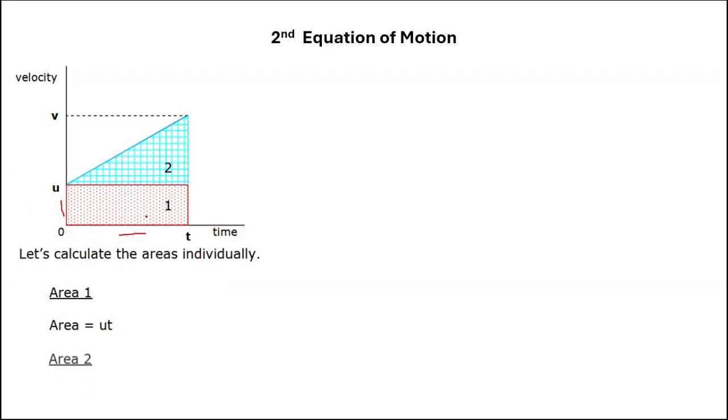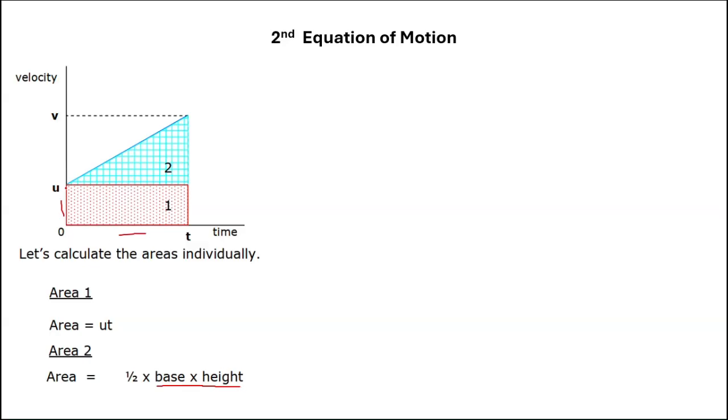Okay, now we will calculate area 2. Area 2 is basically a triangle, and we know that the area of a triangle by formula is equal to 1/2 base multiplied by height.